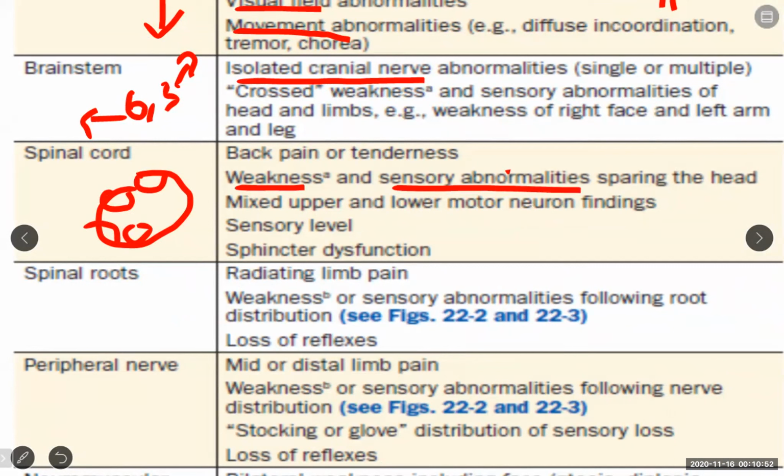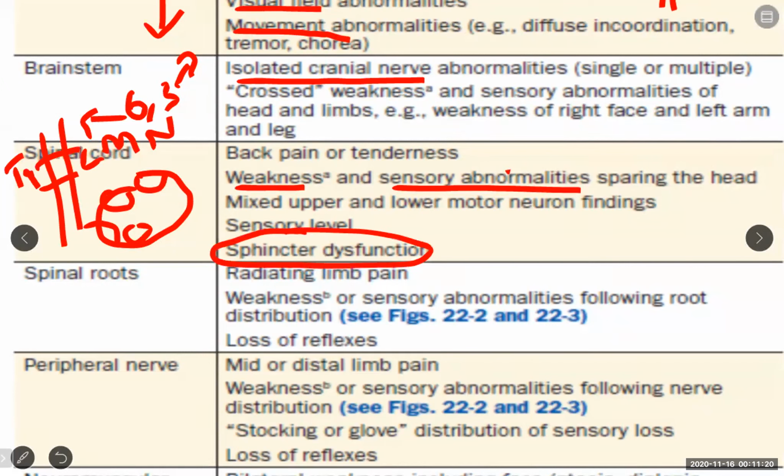And one interesting feature is whenever there's a lesion at a particular level of the spinal cord, say at T4 to T6 is damaged. At T4 to T6, you will have LMN signs because the motor neurons are located over here. But below it, you'll have UMN signs. So you tend to have a mixed combination of both LMN and UMN, which is typical of spinal cord lesions. Along with that, sphincter dysfunction is usually typical of a spinal cord pathology.